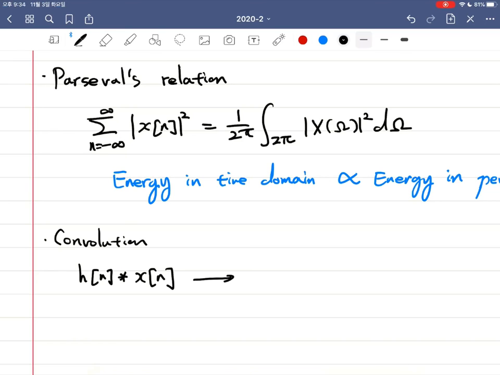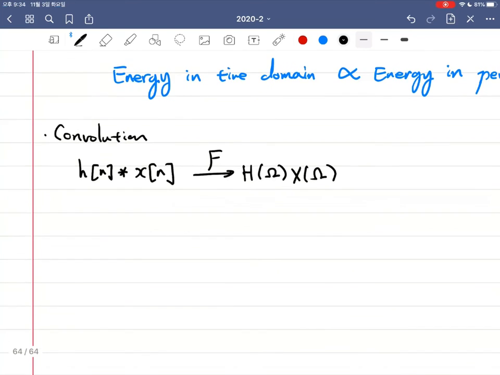Then this becomes a simple multiplication in the frequency domain, which is a beautiful thing. And if you have this LTI system, which can be represented by its impulse response, remember the impulse response was represented by this letter h, okay?